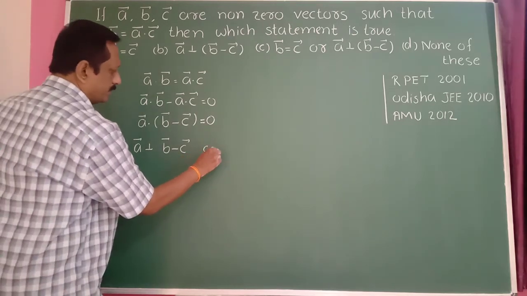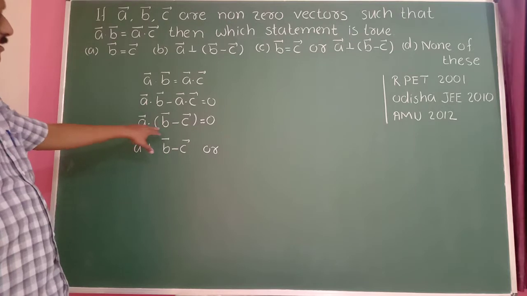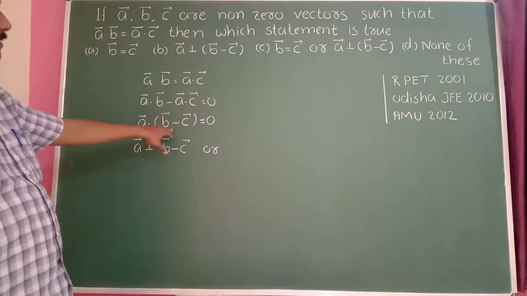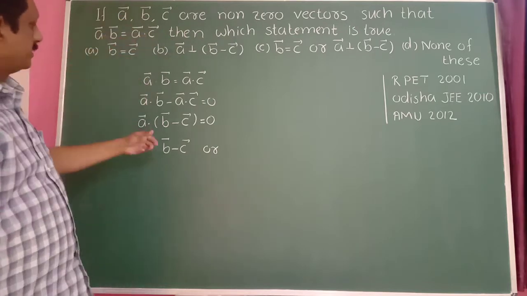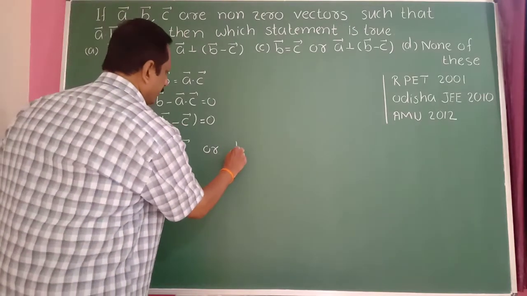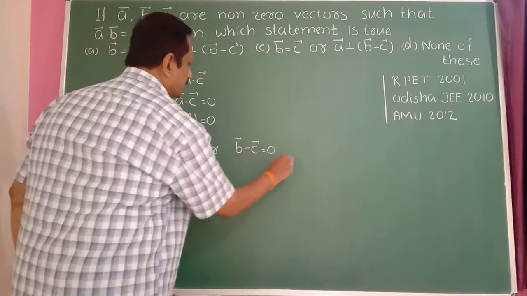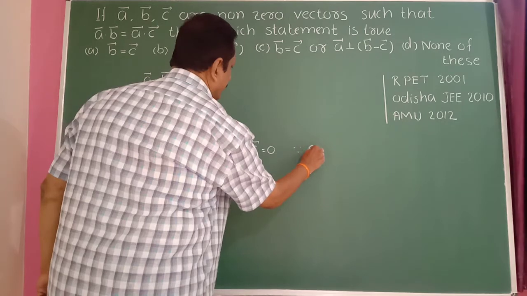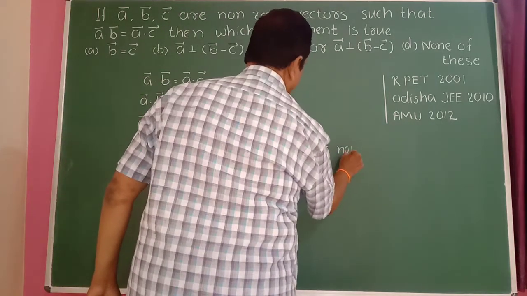Otherwise, if the dot product is 0, either this is 0 or this is 0. But here A bar is a non-zero vector, so B bar minus C bar must be 0.